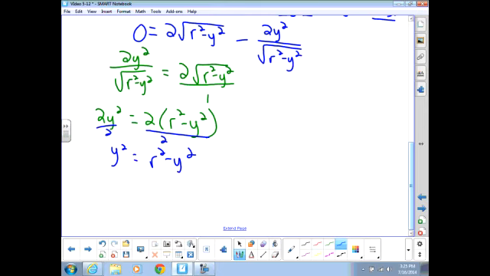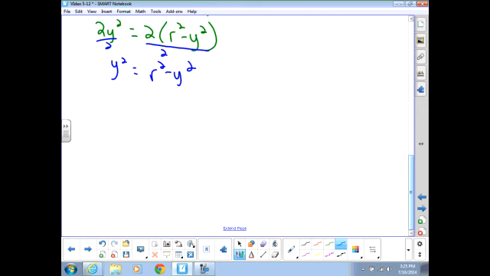Keep in mind we're trying to solve for y, so we want to get the y's together. We'll add the y squared over to the other side, giving us 2y squared equals r squared. We'll divide both sides by 2 to give us y squared is equal to r squared over 2.